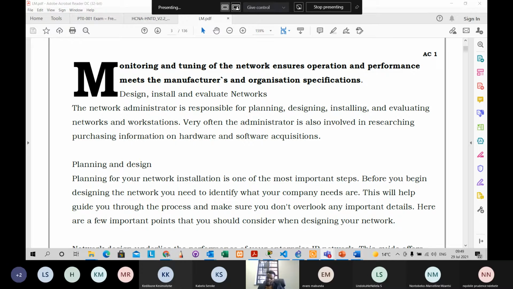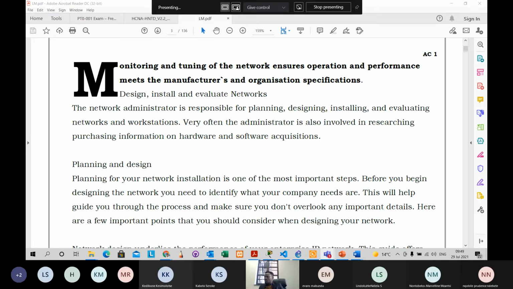So you have to keep this in mind when you're designing a network: how much time is the client giving me? And number two, the budget, so that I know which devices I have to buy. When it comes to devices, we have things like licensing, whereby you buy a Cisco device and then you have to pay for licensing for that specific device.